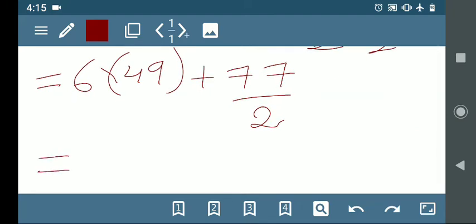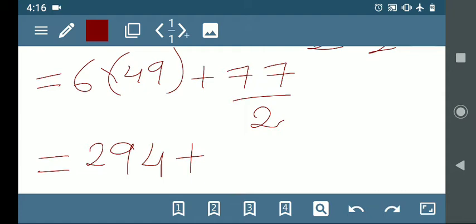So which is equals to 49 6 are how much? 294. Very good.